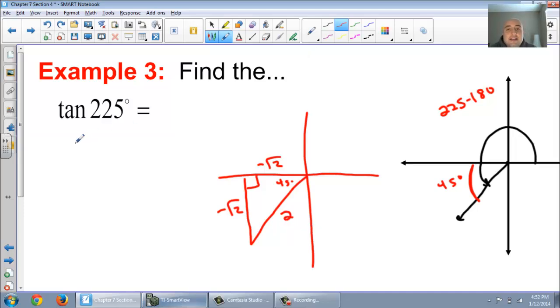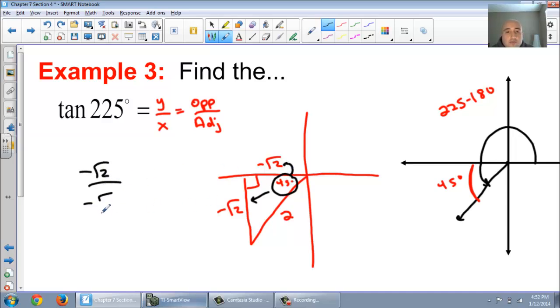What's tangent? Tangent is, from the last section, y over x, or opposite over adjacent. SOHCAHTOA, T-O-A. So what is this? Opposite. So here's my important angle. Opposite is negative square root of 2 over adjacent, which is negative square root of 2.